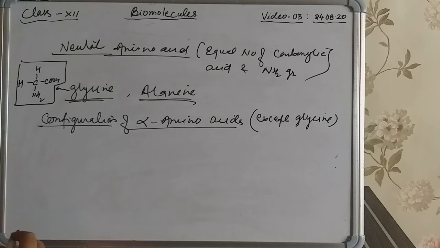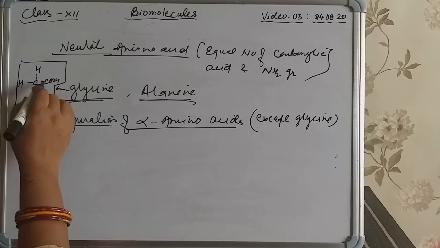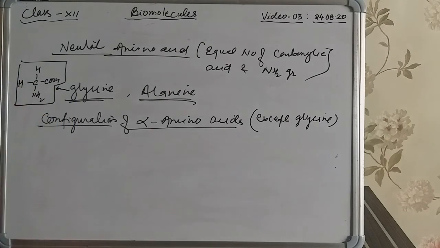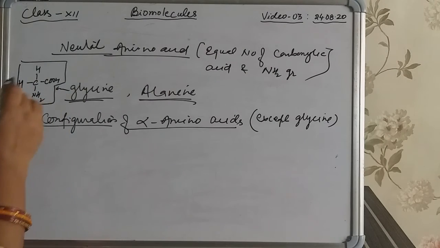Here the alpha carbon is not chiral, and that means it is optically inactive, because for chirality the carbon must be bonded with 4 different groups. Here the same atom is present twice, so this compound is optically inactive because its carbon is not chiral.